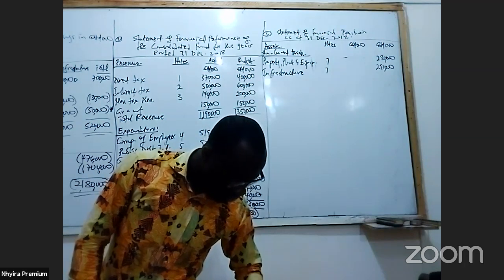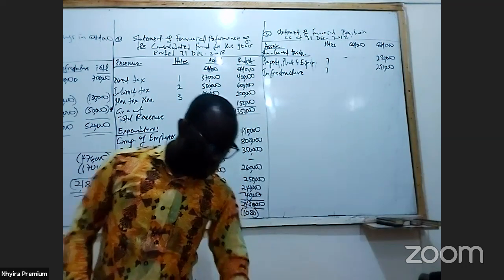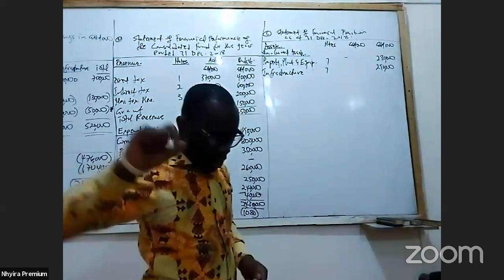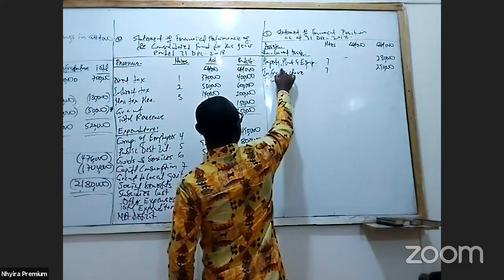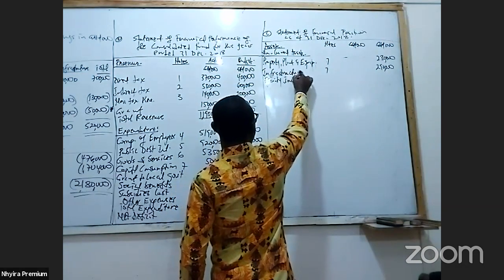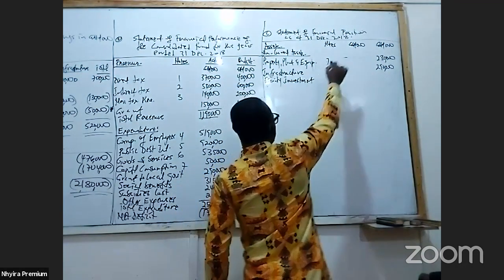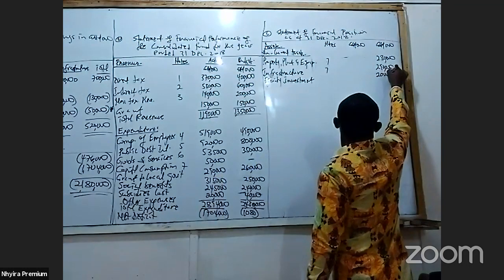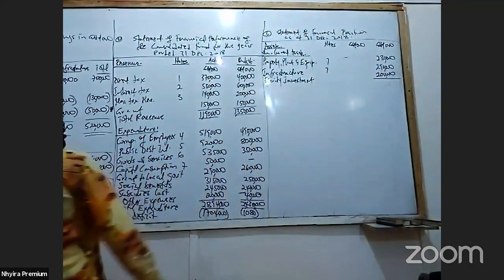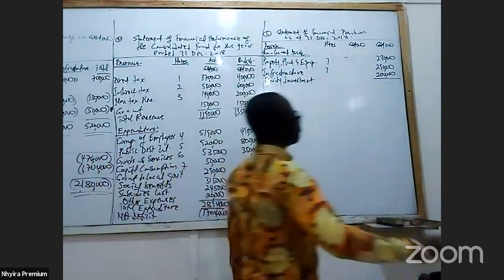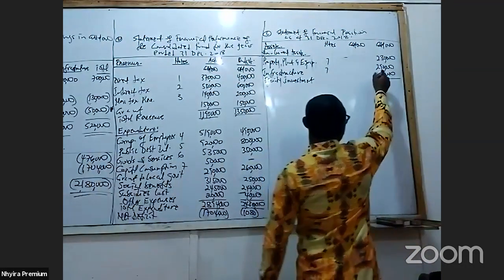Equity investment 200,000 just after the loans and advances. So these are our non-current assets, and that's going to be 720,000.